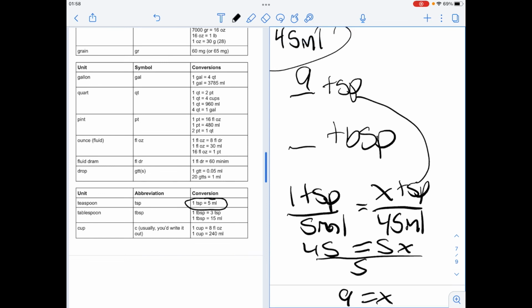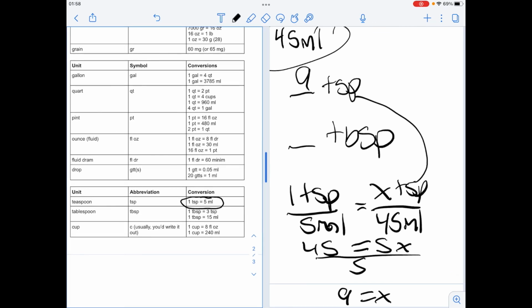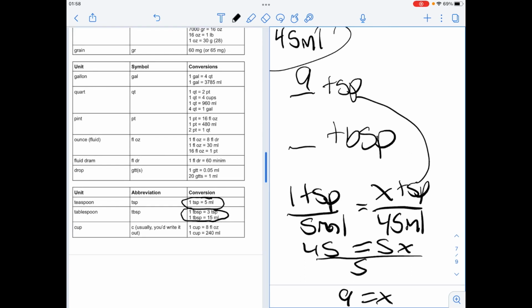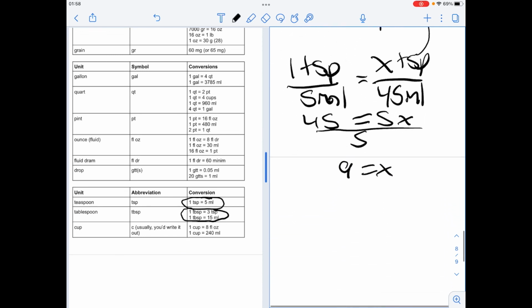And then we have another conversion factor here. Now here we could do either one of these. We could either convert from our 9, or we could go and convert from our 45 again, because we have both the conversion factors. Now let's just continue on. Let's convert from our 9. So we have 1 TBSP to 3 TSP.